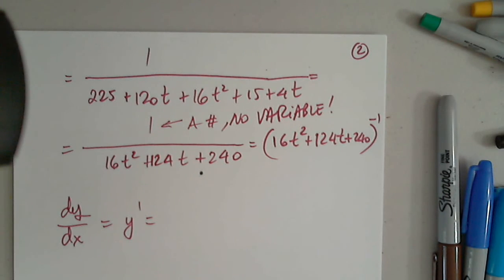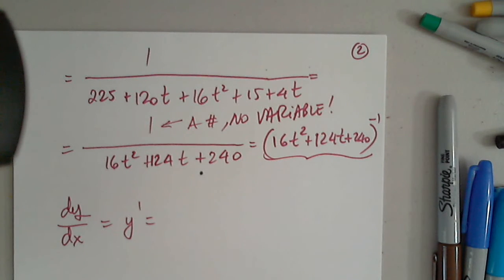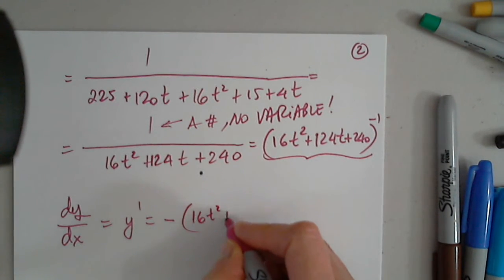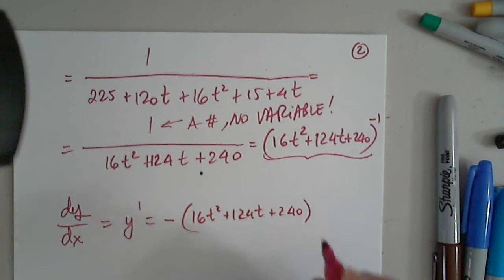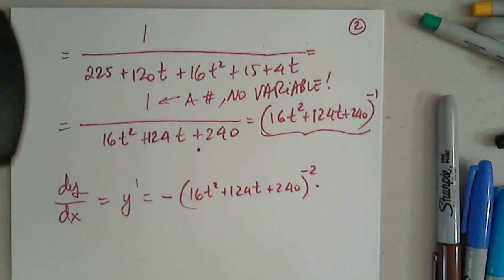Yes, we want to differentiate this. How do we start? Okay, so negative 1 in parentheses 16t squared plus 124t plus 240 to which power? So negative 2. Very good. Times the inner function prime.